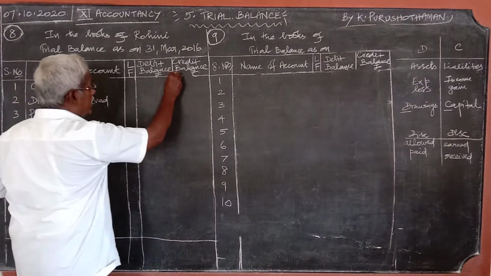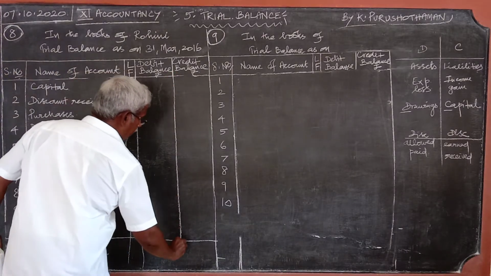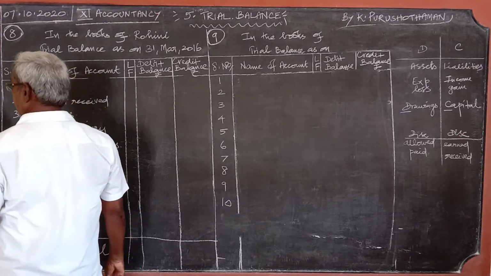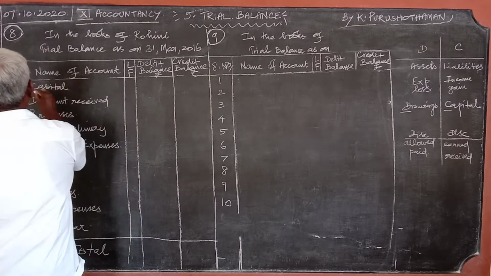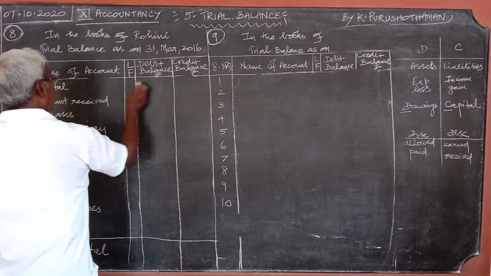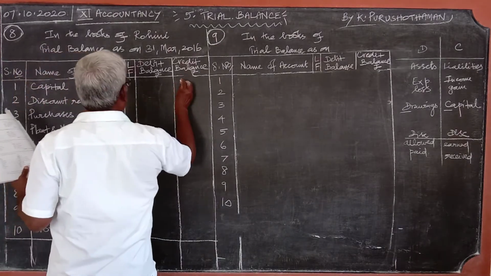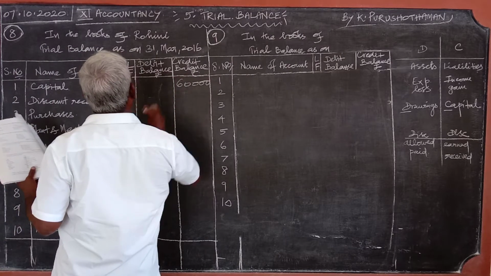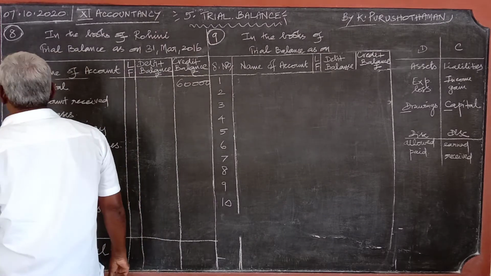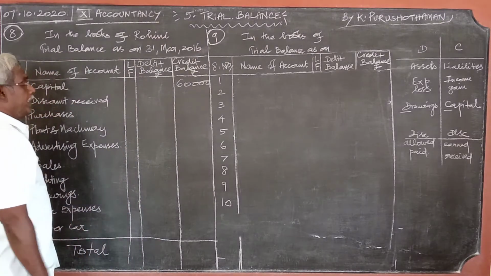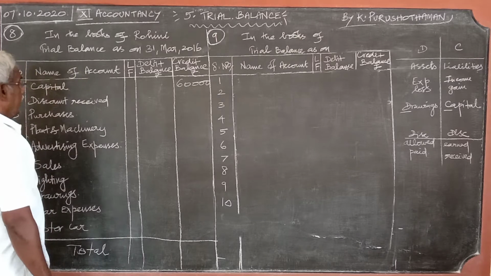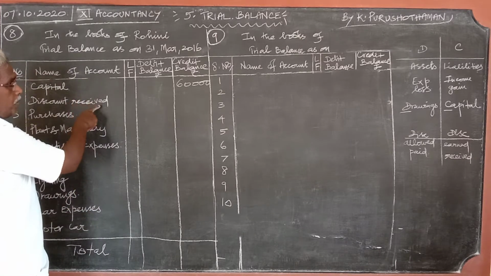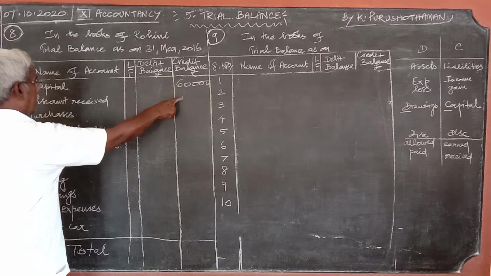Now our task is to find the debit and credit balances separately. Capital, I told you very many times, first letter C, credit, 60,000. The next item, discount received. I told you very many times today in the class itself, discount received, discount earned or income, credit.